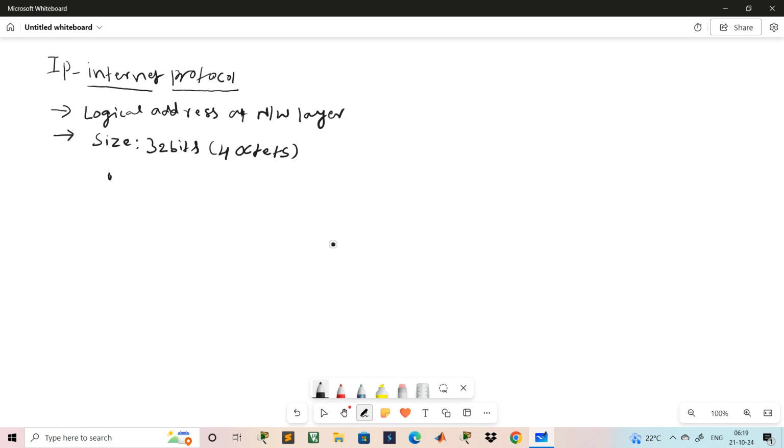So it contains 4 octets. So the first IP will be this.